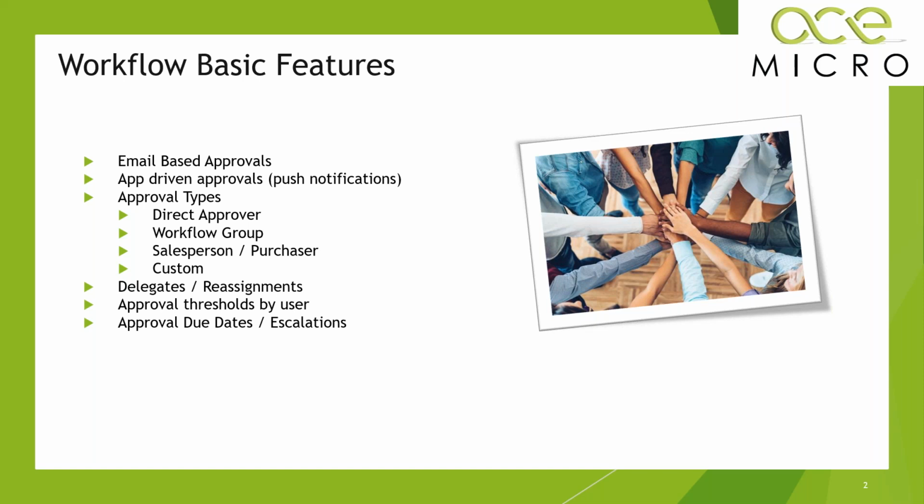I'll talk a little bit more about that when we go in and do an example, but every single approval request can have a due date on it, and you can have escalations and so forth set up in the system to make sure that those approvals don't just sit out there in perpetuity and never get approved, and now nothing happens because we can't act on a specific document.